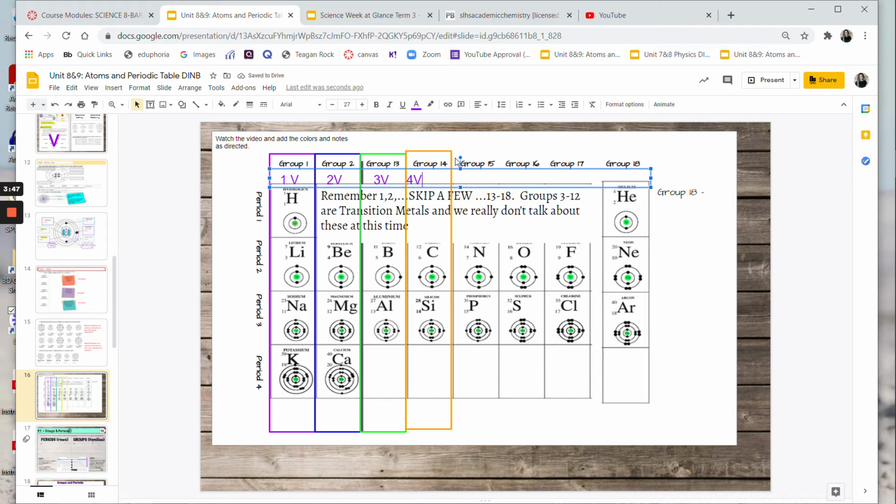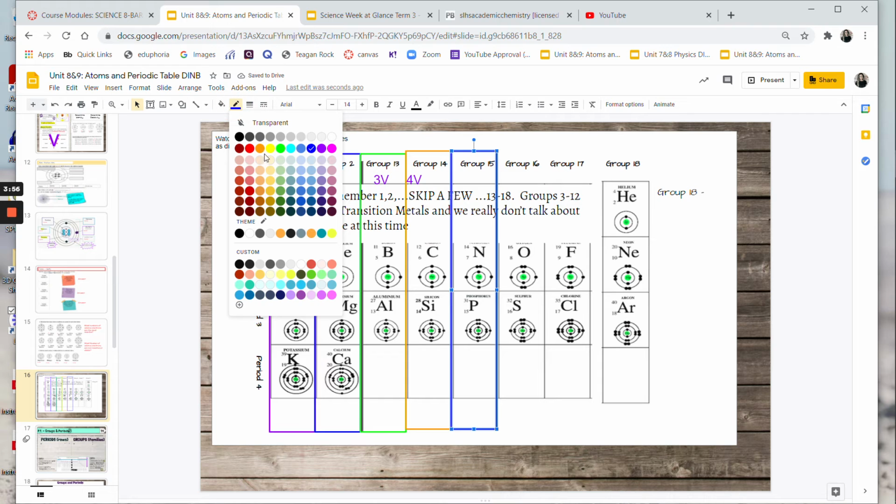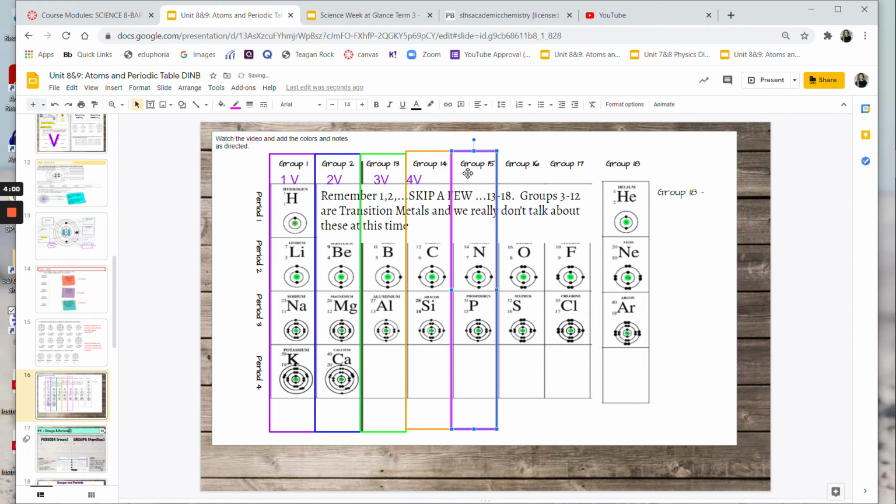Because remember, you cannot have more than 8 valence electrons, because our rule for drawing the Bohr model is 2, 8, 8. So there's no possible way to have 15 valence electrons or 16 or 17. The most you can have is 8.